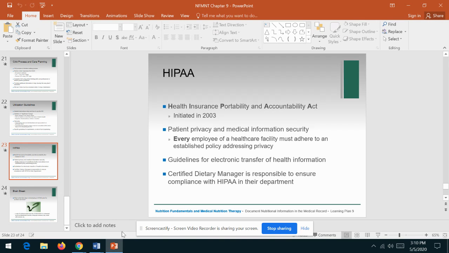So we want to make sure that we're not bringing information from our clients home with us. We want to make sure that we are not talking about clients in public places or talking to our friends about these interesting cases that we've seen at work and telling people's names or describing in detail some characteristics that may make it obvious who we're talking about.